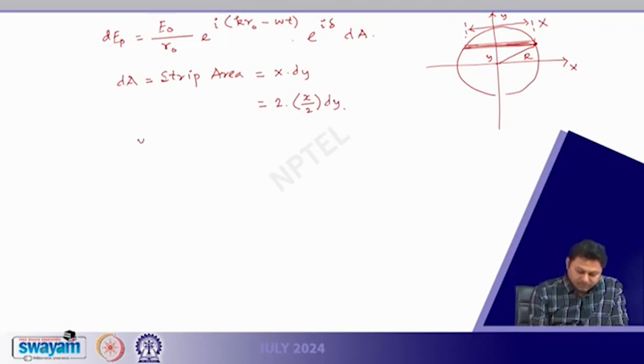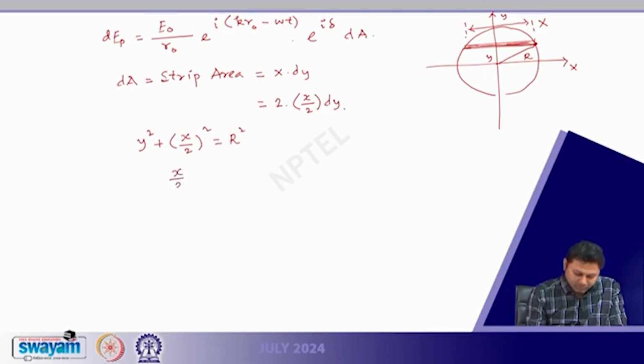Also note y square plus this length, that is x by 2 whole square, is r square. So, x by 2 is simply root over of r square minus y square.